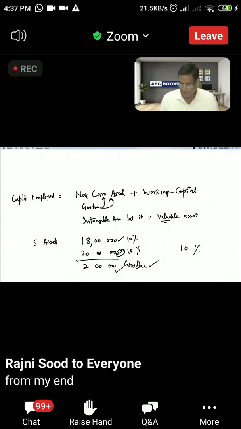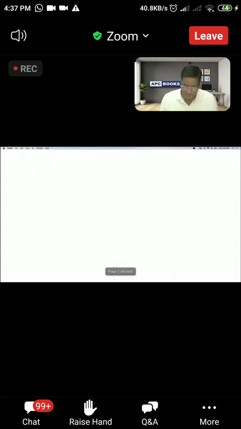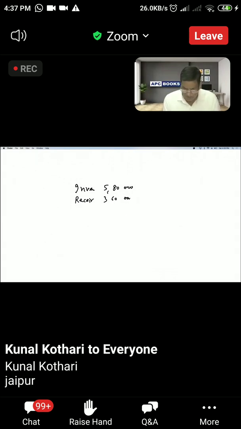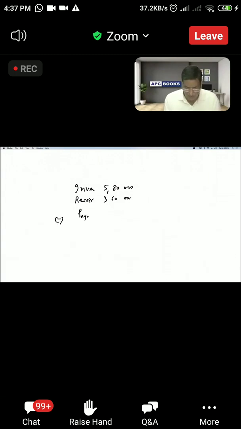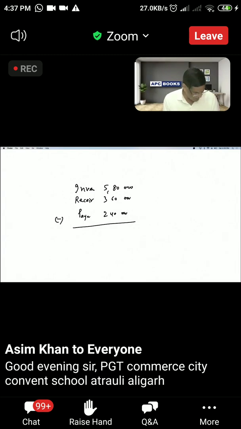The difficulty is that in this question, inventory is given 580, trade receivables 360, minus trade payables 240. So working capital in this question is 7 lakh.